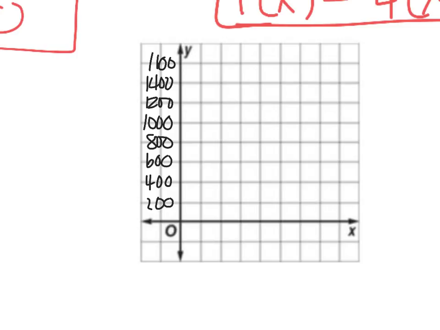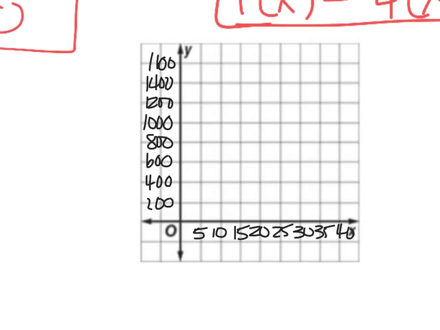Now, our x-axis, we know the middle, our axis of symmetry, is going to be 20. So we can go by 5s on our x-axis and most likely be fine. That should be good.